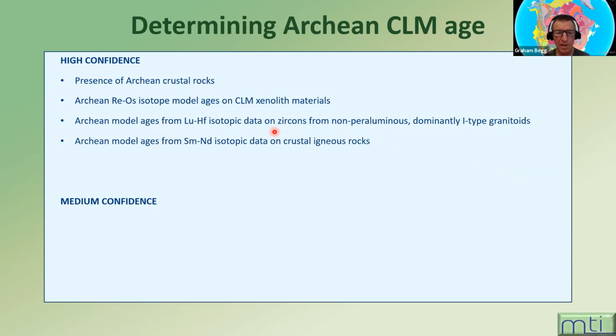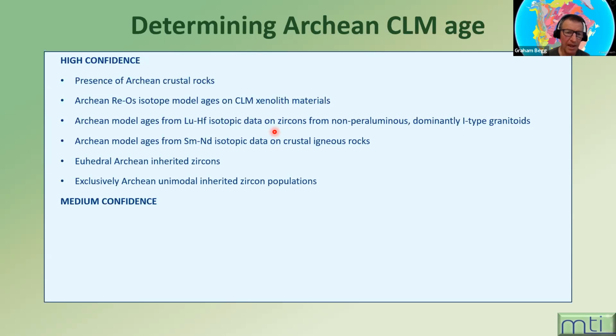Similarly with samarium-neodymium isotopes on the same sorts of intrusions. Euhedral Archean inherited zircons are indicative of an Archean basement. And exclusively Archean unimodal inherited zircon populations are a strong indicator as well that you've got an old Archean basement.